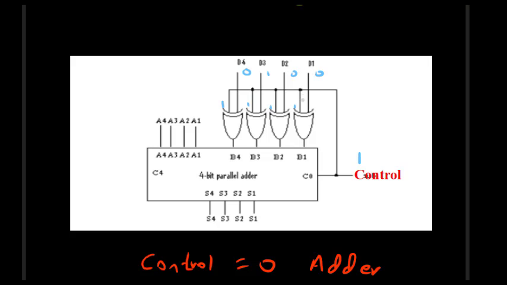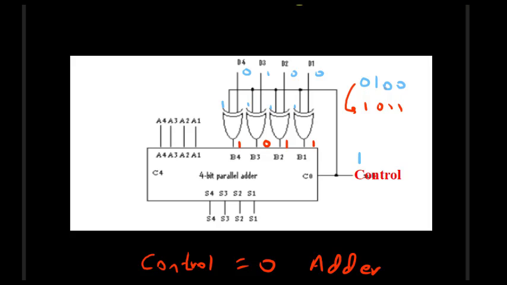So 0 1 will make this 1, this 1 1 becomes 0, and 0 1 becomes 1. So our actual input 0 1 0 0 gets converted to 1 0 1 1 towards the IC. This is actually the 1's complement.